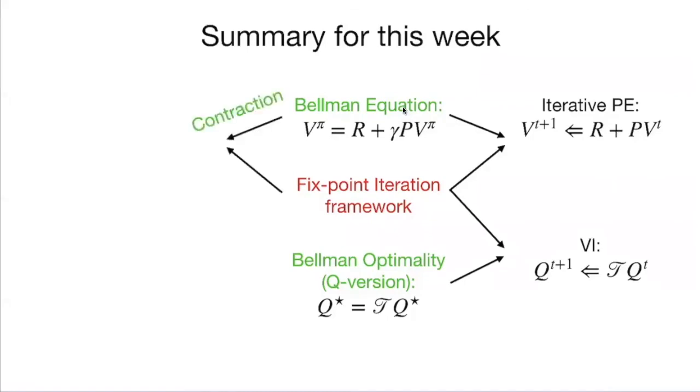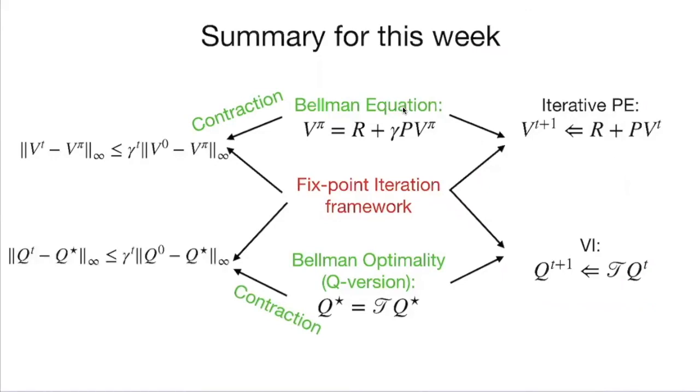And for analysis, we also did the same thing. We proved that this Bellman equation operator is a contraction map, and we did the same thing for the Bellman optimality. We proved that this operator T is again a contraction map. Combining the general analysis framework of fixed point iteration and the contraction, we very naturally arrive at these two convergence theorems. They look almost the same. The difference shrinks in the order of gamma to the power of t, where t is the number of iterations.